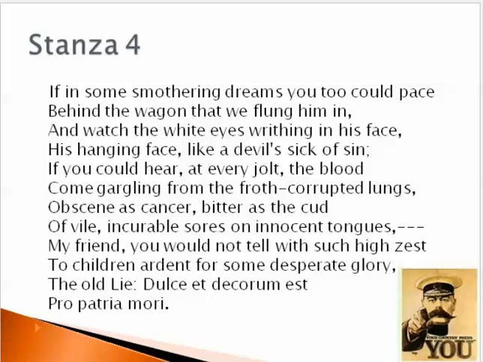If in some smothering dreams you too could pace behind the wagon that we flung him in, and watch the white eyes writhing in his face. So there might be another word. So what would writhing mean?